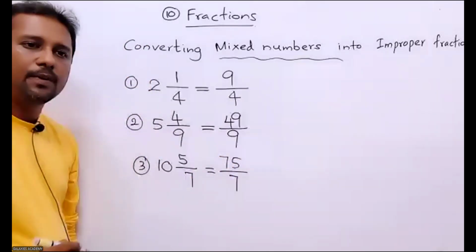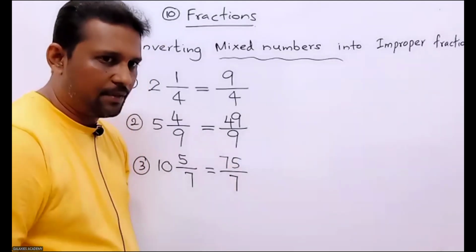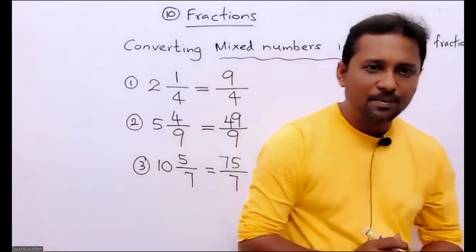So the improper fraction is 75 over 7. Who can understand now? Hands up.